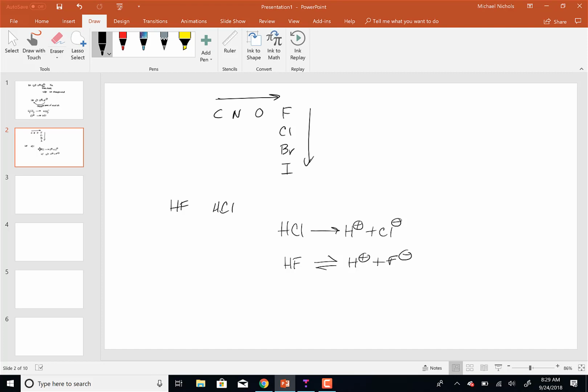And now realize that I could change this question up and say, which way does basicity go? And if I said which way does basicity go, then you would go in the opposite directions. Or I could even say, what's a stronger base, C minus or O minus?